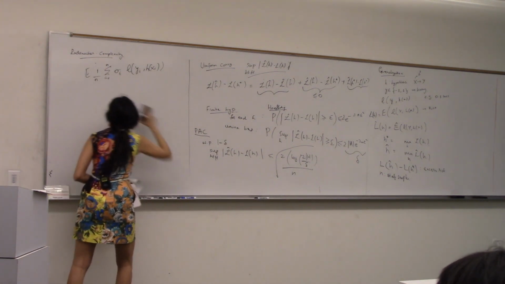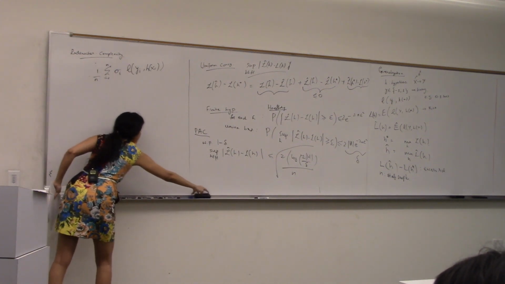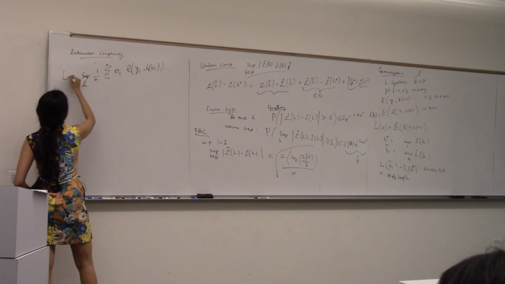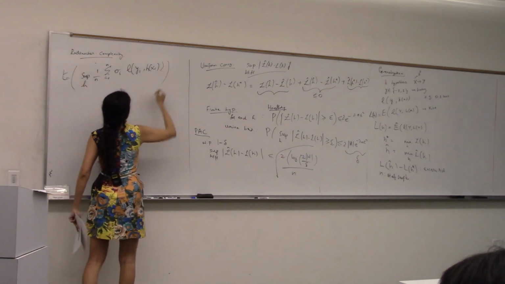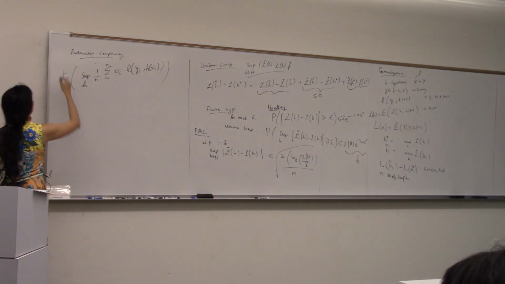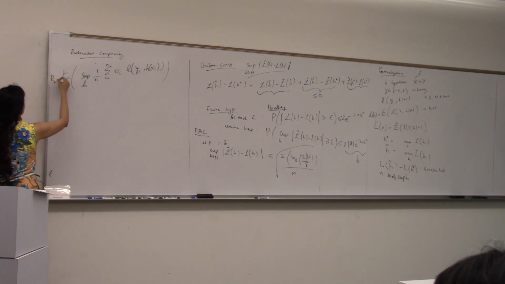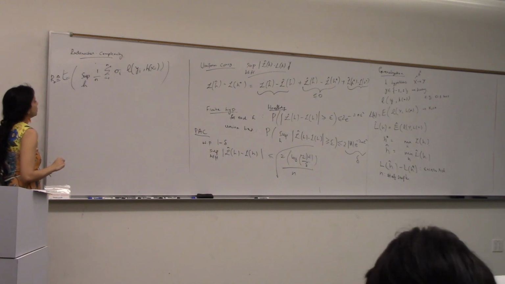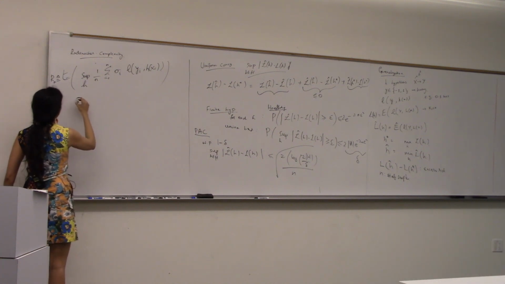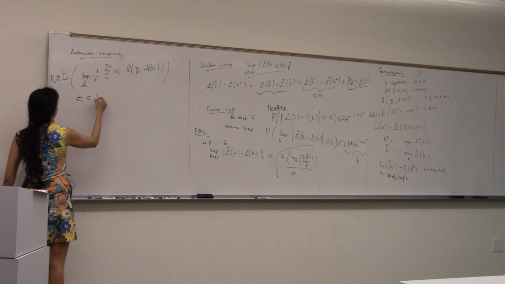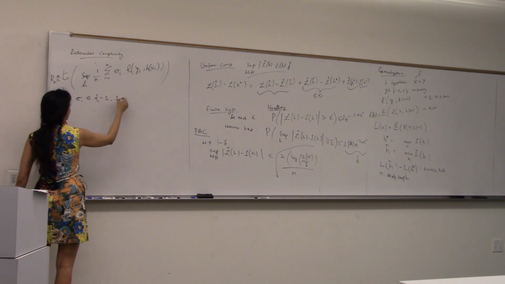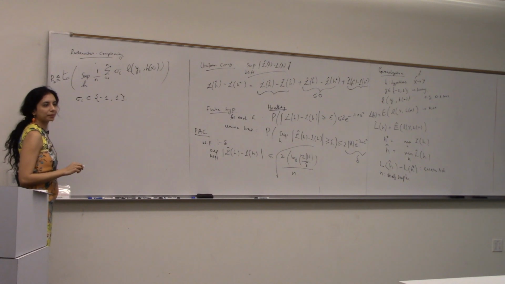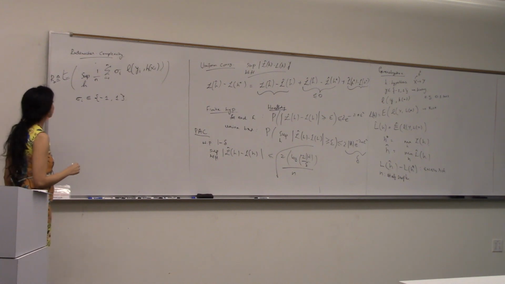There's the sup and then there is the expectation. This is the definition of Rademacher complexity. So the Rademacher variable is one where you draw plus and minus one with equal probability. That's a Rademacher variable.